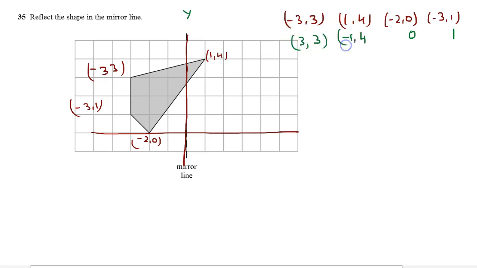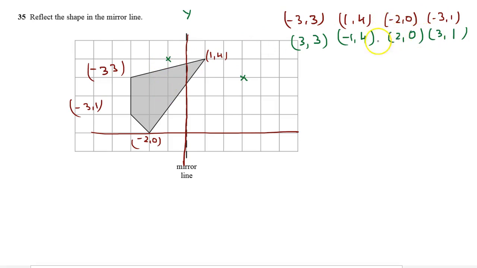This is -1, this I'll make 2, and this I'll make 3. 3, 3. This I made the coordinate, the x coordinate and the y coordinate. 3, 3. 1, 2, 3, 1, 2, 3. This one, -1 and 4. -1, 1, 2, 3, 4.